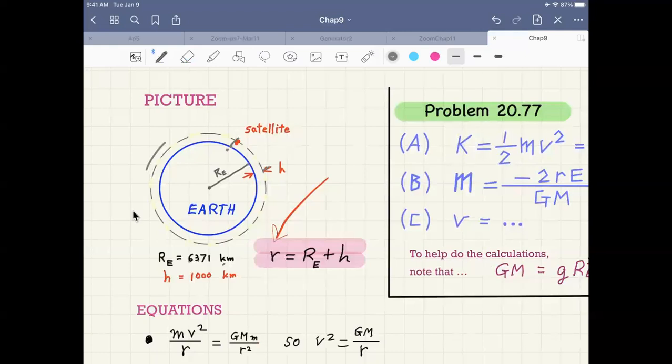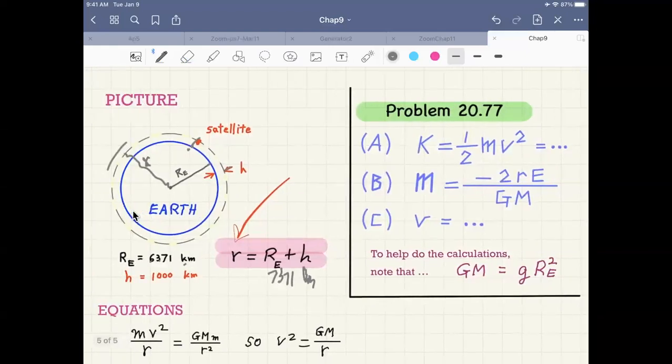So the radius of the satellite's orbit, that's this radius, r, is the radius of the Earth plus h. So it's 7,371 kilometers. All right, there's the picture.